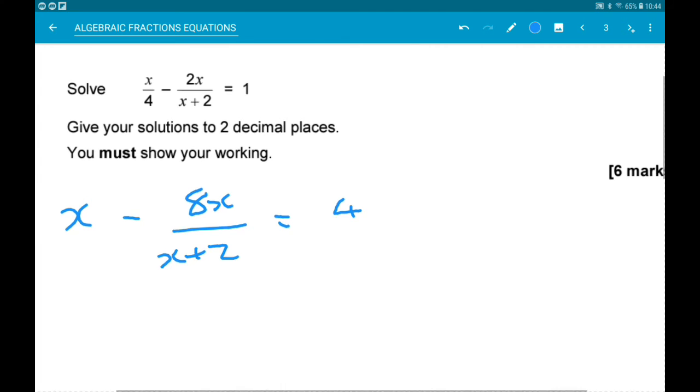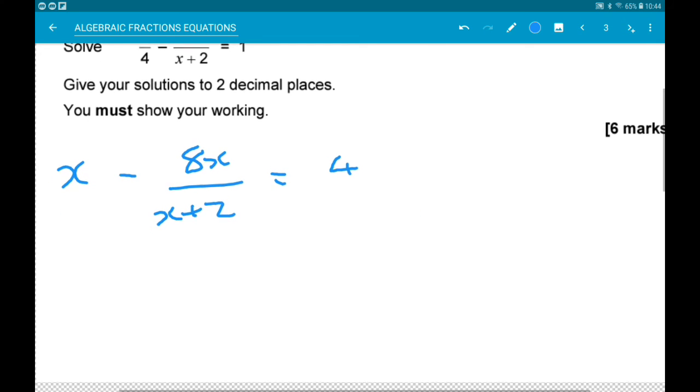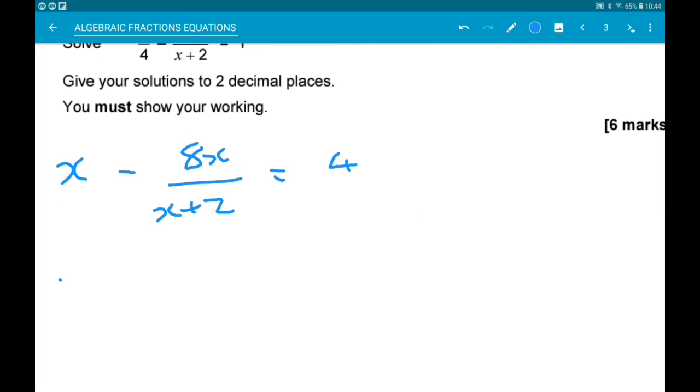Then I'm going to multiply through by x add 2, so I get x times x add 2 minus 8x is equal to 4 lots of x add 2.